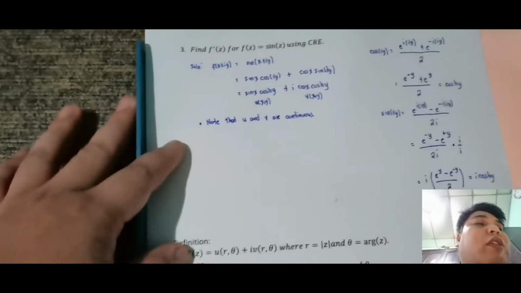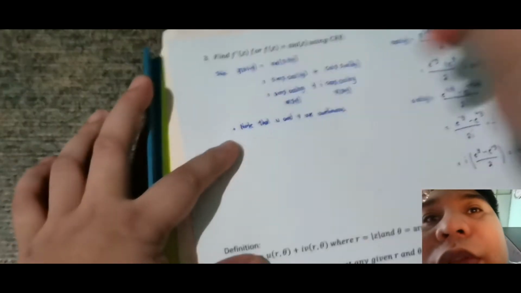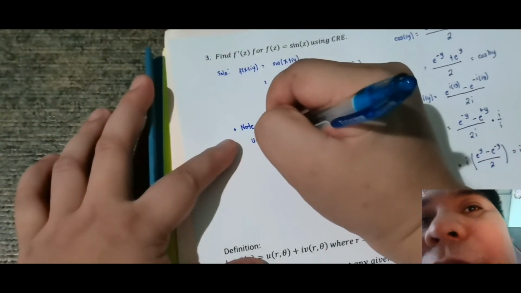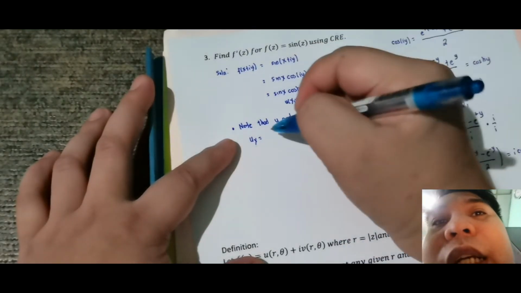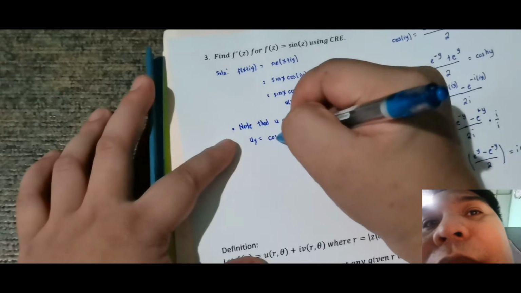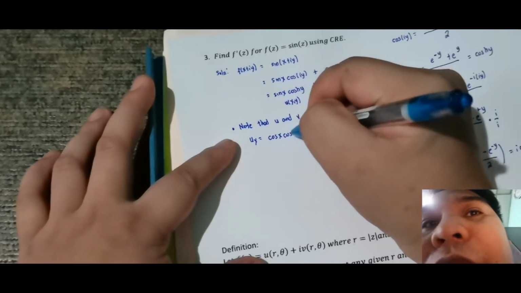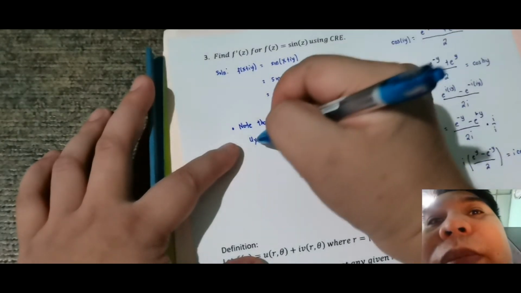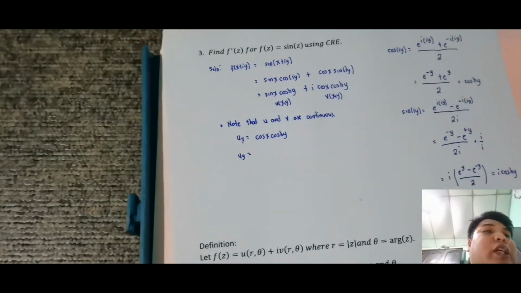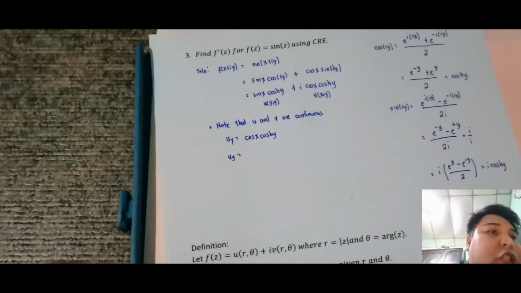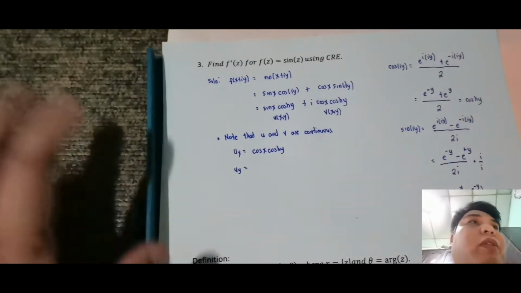Okay, next let's get the partial of u with respect to x. The derivative of sine is just cosine, so that is cos x cosh y. Then the partial of u with respect to y: the derivative of cosh is sinh, so there is no negative.